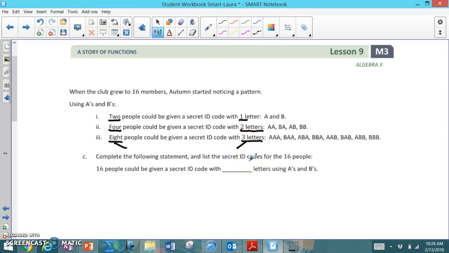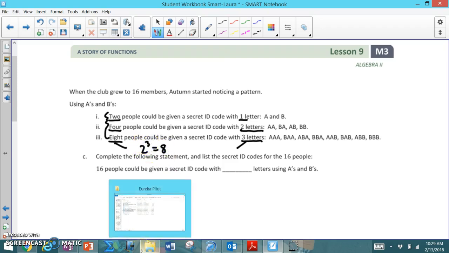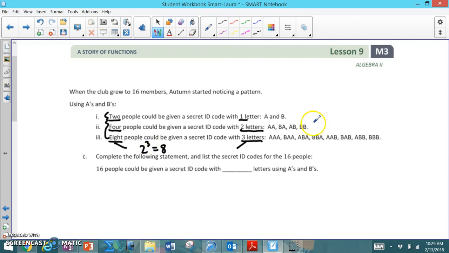I started comparing these numbers. We found that we could rewrite them each in exponential form, because I noticed these are all being multiplied by 2. As a class, we figured out that 2 to what power equals 8? That's 2 to the 3rd. In the second one, 2 to what power equals 4?